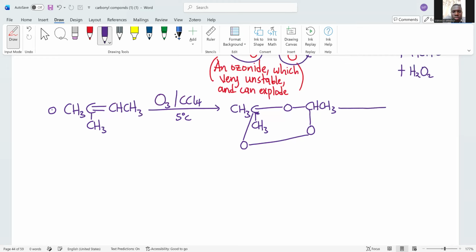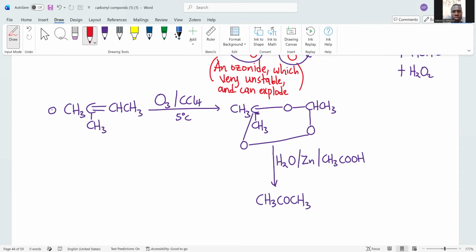This is ozonolysis, followed by lysis. That product is unstable, which is why the reaction has to be carried out at very low temperatures. Followed by lysis with water, zinc and ethanoic acid, what do you get? The compound is split. We get propanal, plus the other part, ethanal.